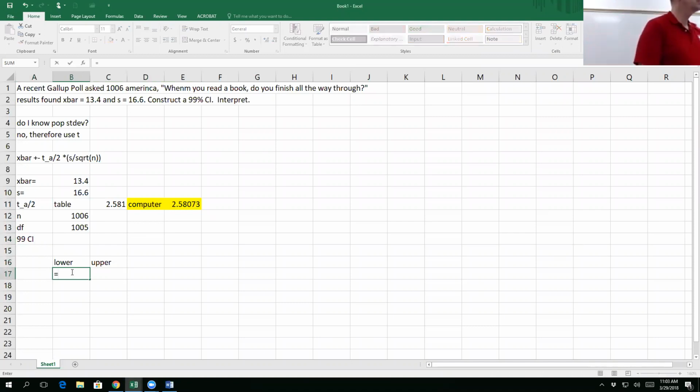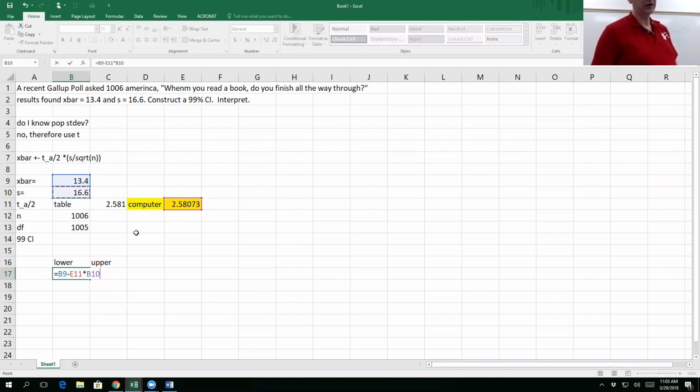All right, so in this case, Elizabeth, tell me what to do. Tell me what to type. We're finding the confidence interval with this equation right here that I wrote out. Just plugging in numbers? Yeah. So 13.4 minus 7.3 times 16.6.